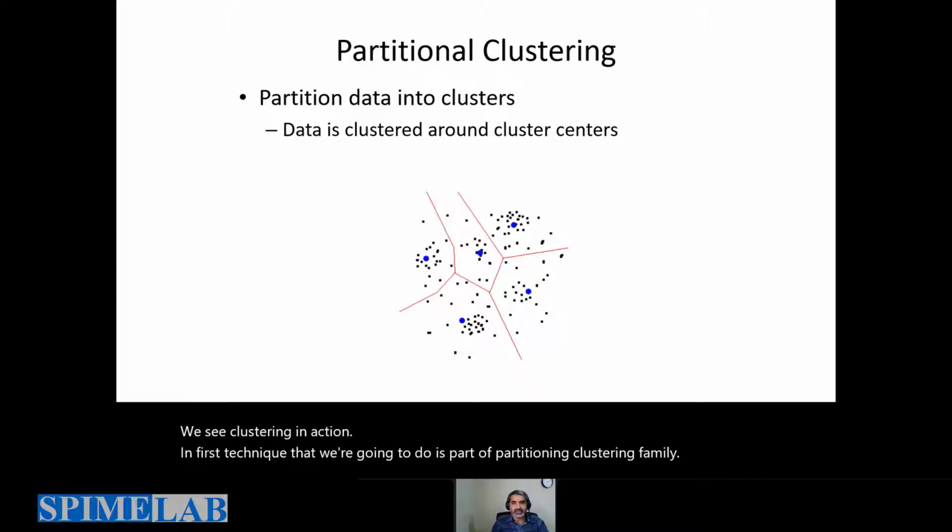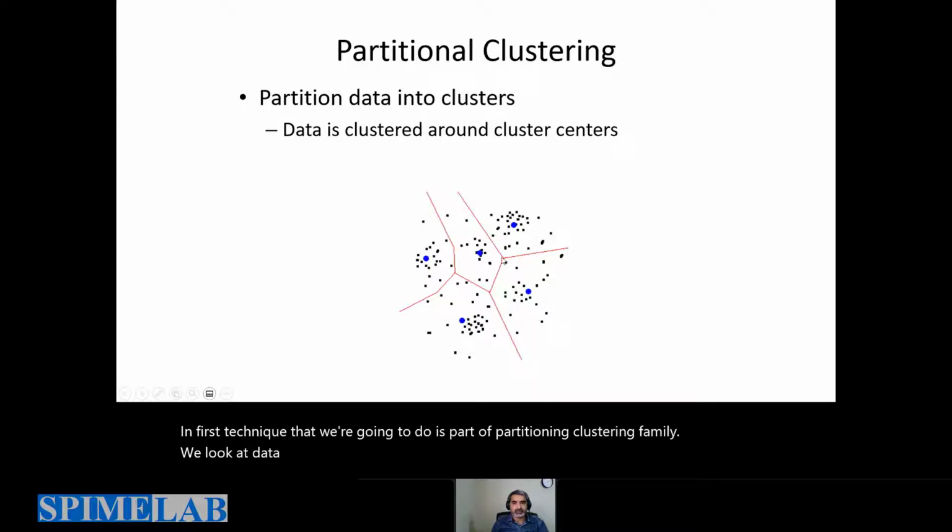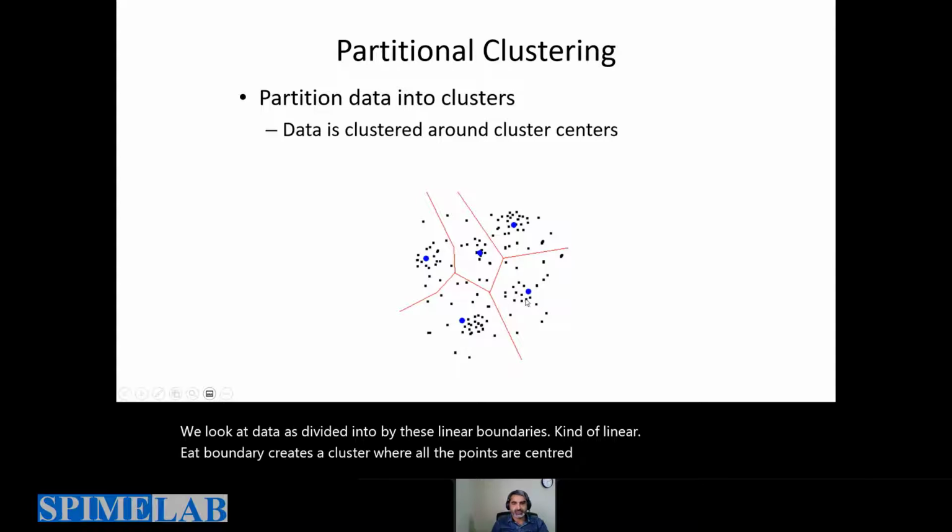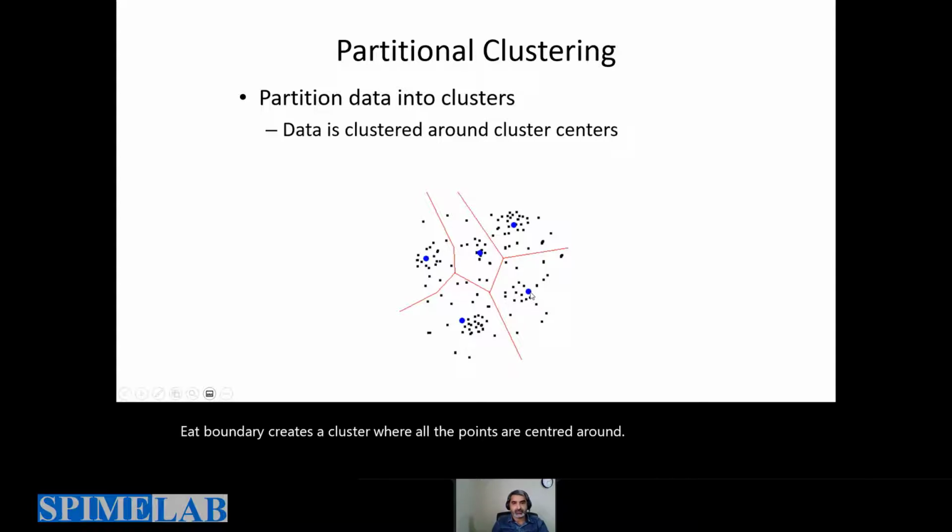We look at data as divided by these linear boundaries, kind of linear. And each boundary creates a cluster where all the points are centered around a centroid, the textbook word that they use.